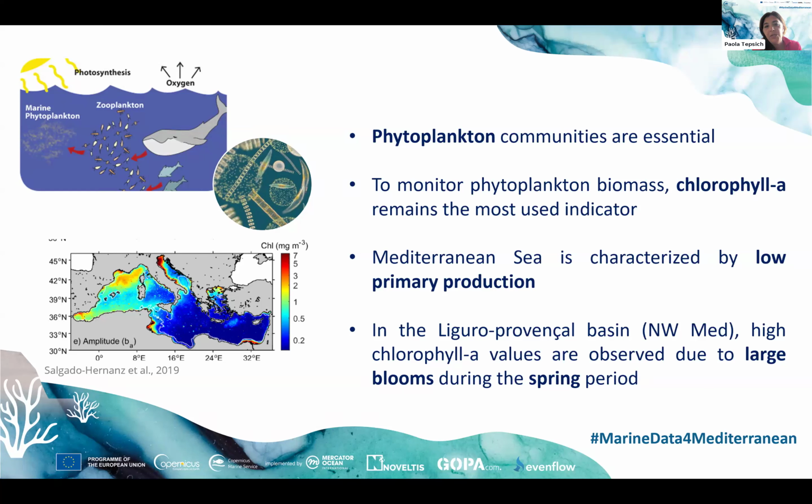While the Mediterranean Sea is usually known as a low-productive area compared especially to the oceanic basins, the Ligurian Basin in the Northwest Mediterranean usually hosts higher chlorophyll concentration values, as it hosts one of the largest blooms during the spring period. This is also known as one of the only consistent and recurrent blooming areas of the entire Mediterranean basin.